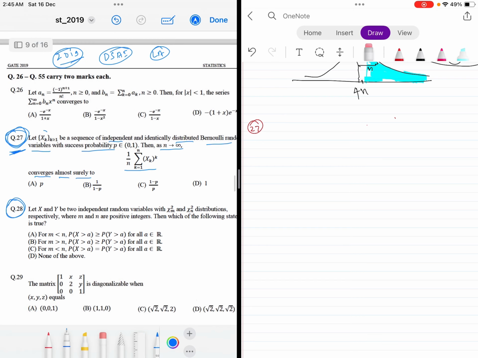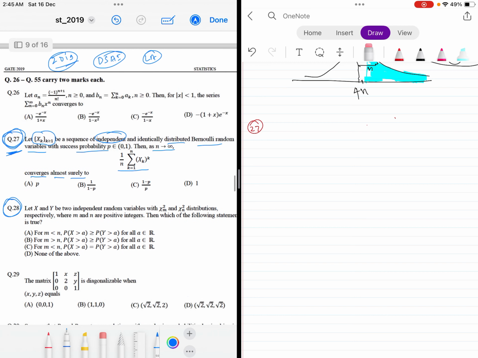We have been given this sequence of independent random variables, Xk, and all these are Bernoulli random variables, right?